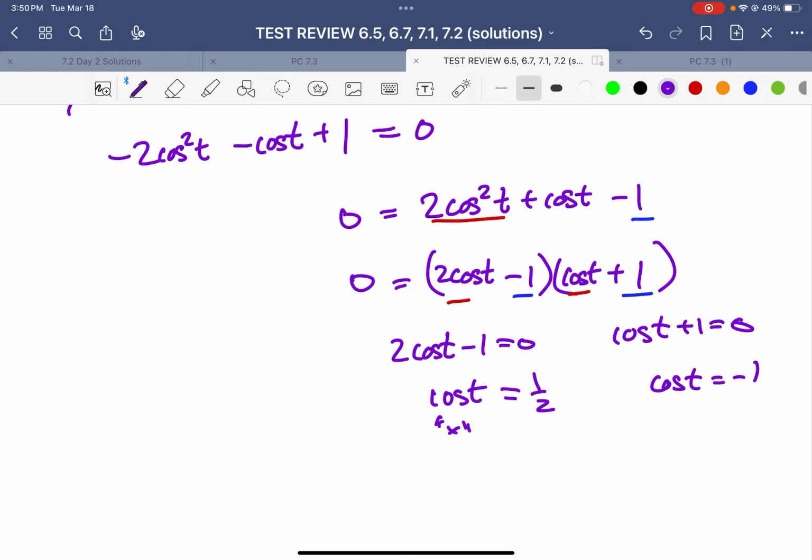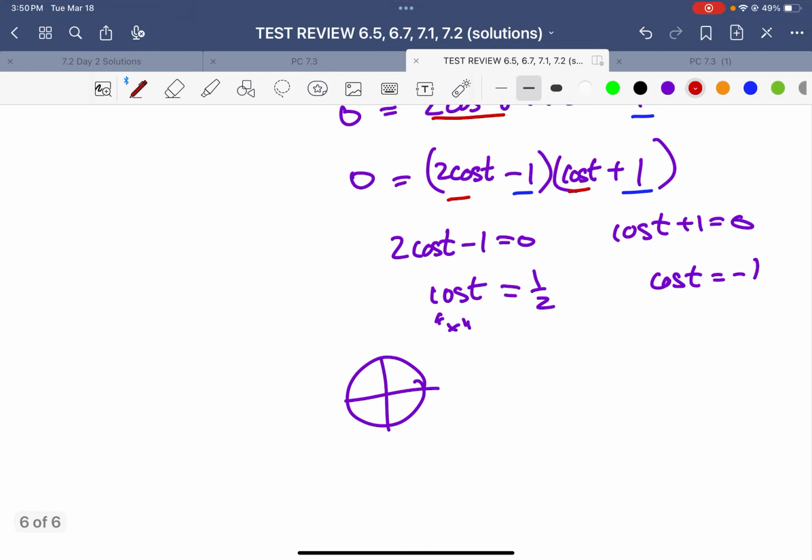But I know that cosine is just the x coordinate on the unit circle. So for the x coordinate on the unit circle, if it's 1/2, then that's going to be here or here. So if I look in the first quadrant and I want cosine to be 1/2, it must have been pi over 3, right?